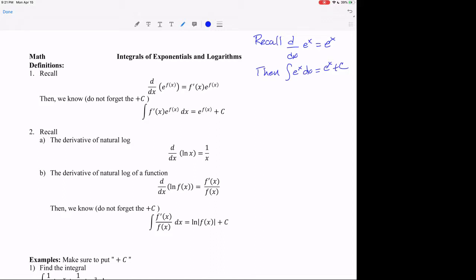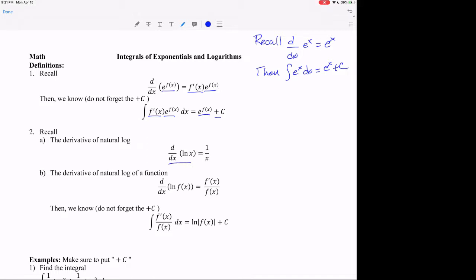All right? So that means that if I have the derivative of e to a function, then that's the derivative times e to the function. So if I have the derivative times e to a function and I integrate that, then I get e to a function plus c.